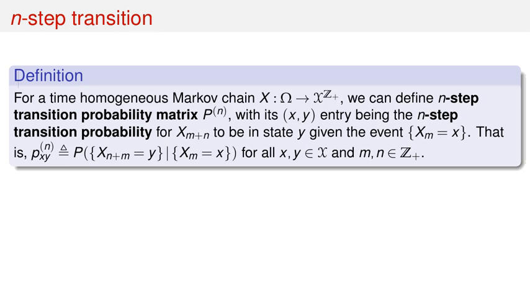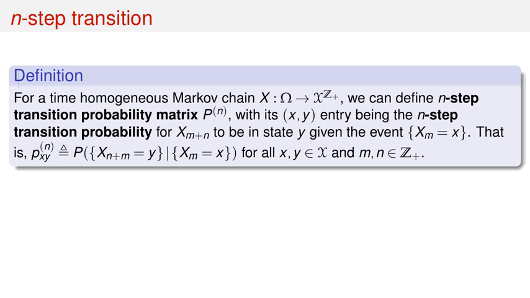For a time homogeneous Markov chain, which we denote as X mapping from Ω to 𝒳 to the ℤ₊, we can define the n-step transition probability matrix denoted as Pⁿ. Its xy entry represents the n-step transition probability for X_{m+n} to be in state y, given the event that X_m equals x.